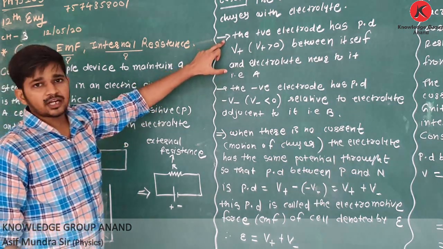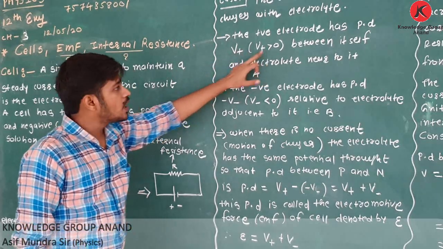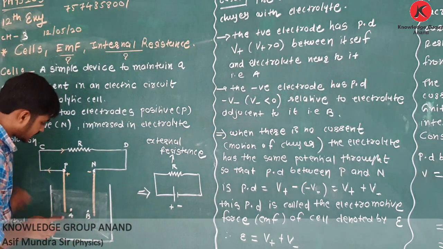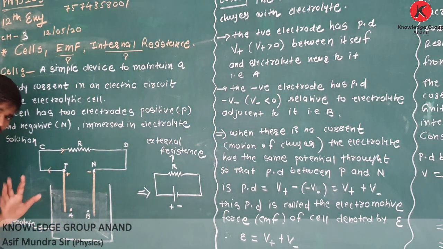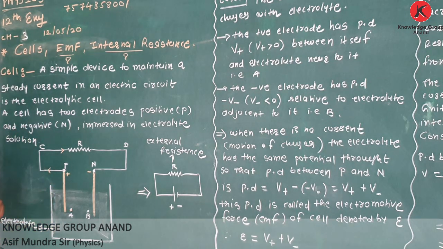The positive electrode has potential difference V plus, which is greater than 0, between itself and the electrolyte near to it, that is point A. Clear about this? Potential of the positive electrode with respect to A is positive.